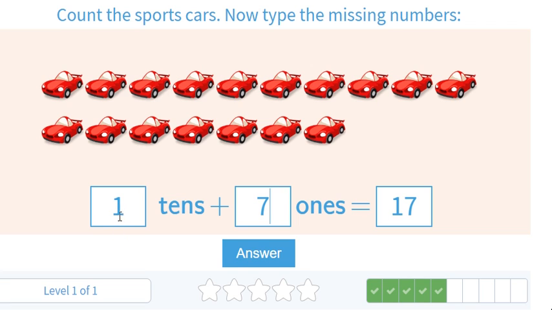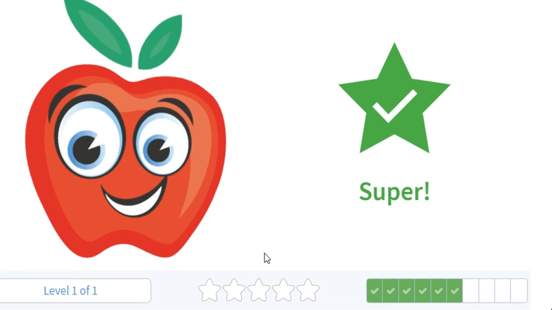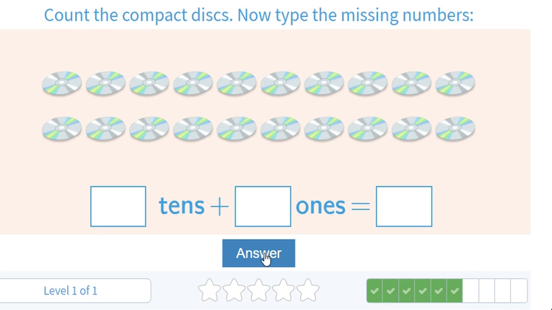So let's see. I have a 1 and a 7, and a 1 and a 7, and that would be the number 17, because I have one group of tens and 7 ones in the number 17. So here's my 1 tens and my 7 ones. Super! We did a great job.